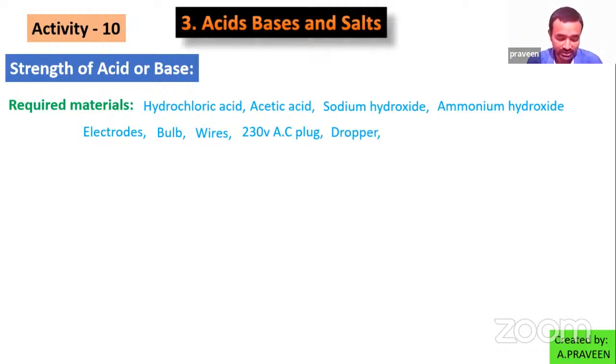Along with that, I am collecting a dropper. Why distilled water? We learned in activity 8 that ions are produced by an acid or a base only in the presence of water. Distilled water does not have any ions in it. That is the reason.